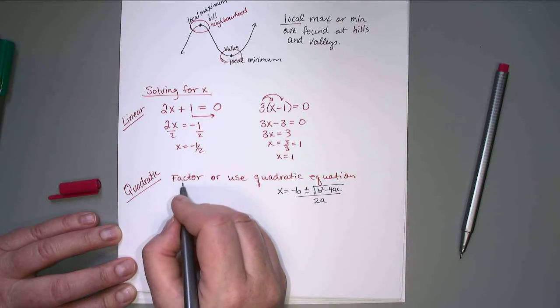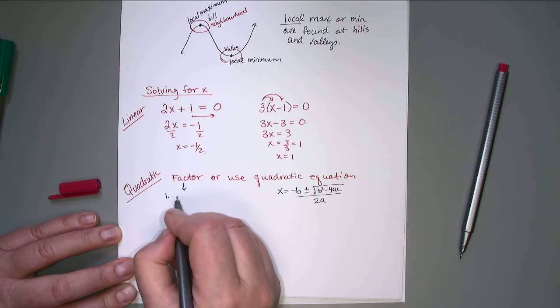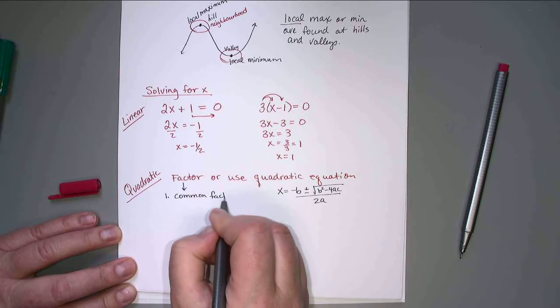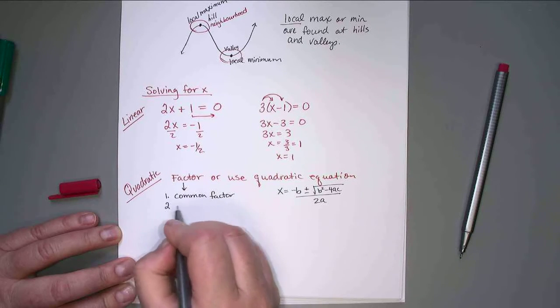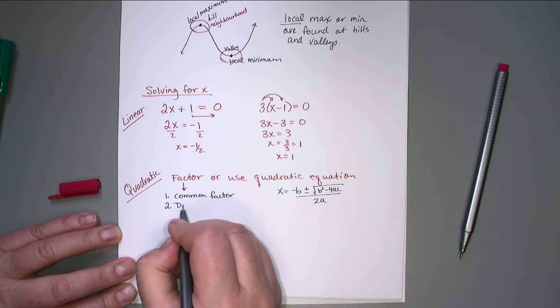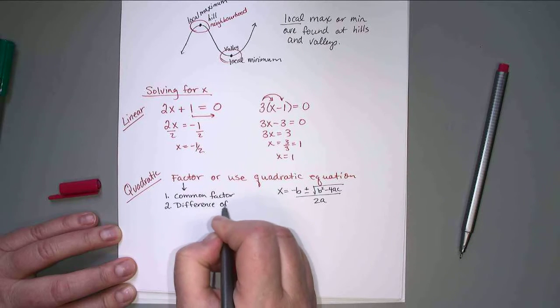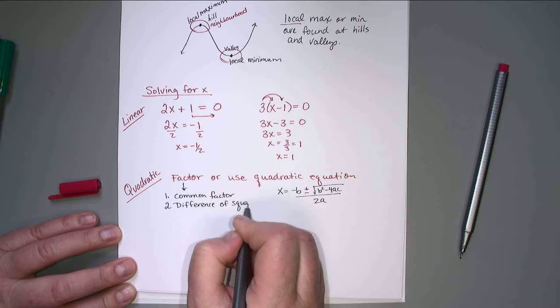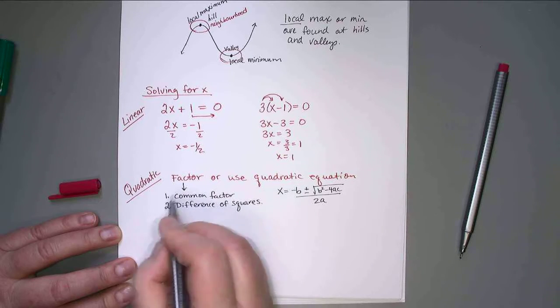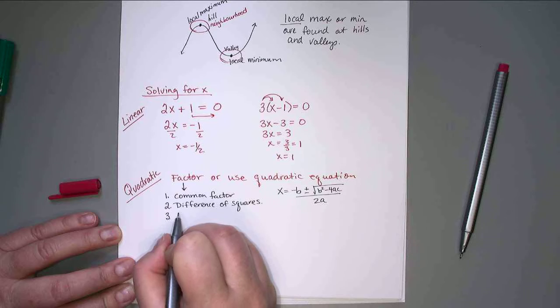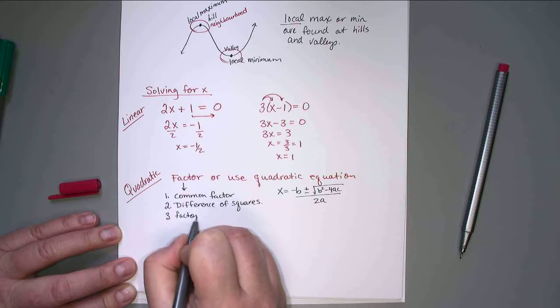Okay, and factoring, we're going to see 3 types. Common factor, difference of squares, and factoring trinomials.